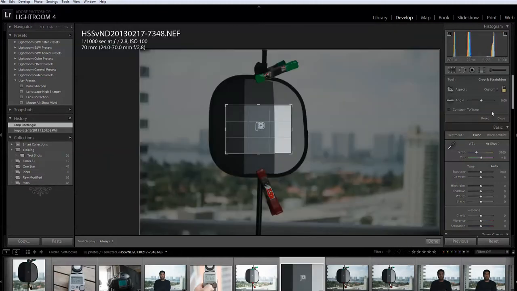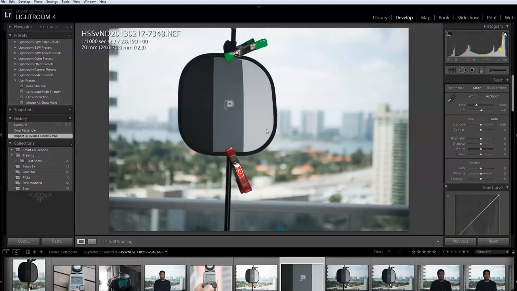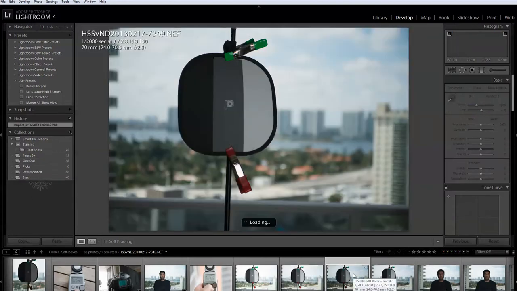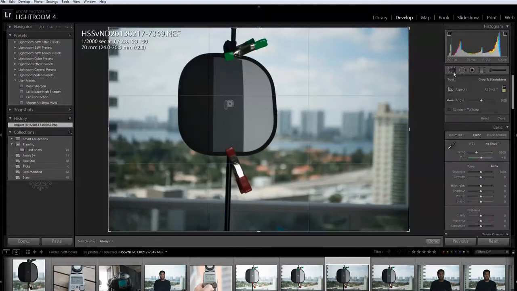Actually, it's about a third underexposed. Yeah, about that. That's not bad actually. That's pretty good. So even at 1/1000 of a second, that's not a problem. But the problem is it still blew out my sky. So I needed to go to 1/2000 of a second, and at 1/2000 of a second, let's see how much underexposed it is.